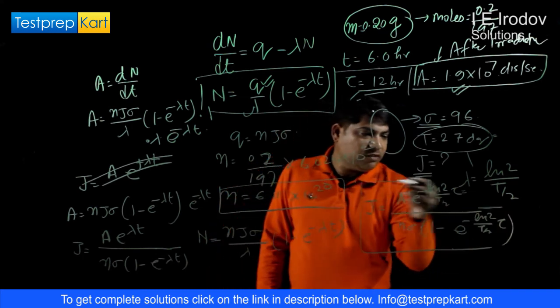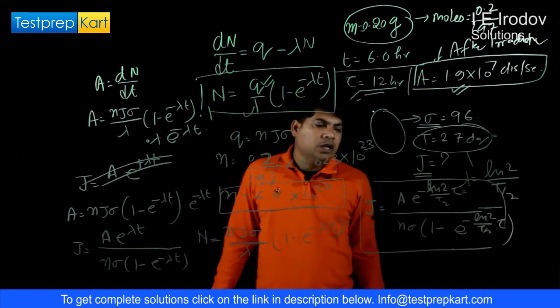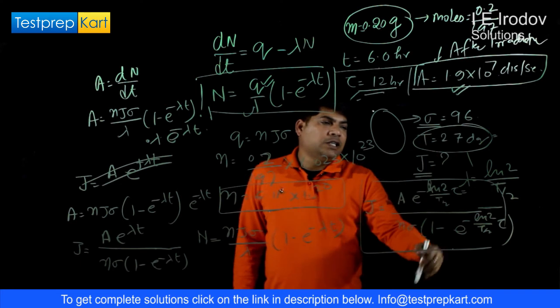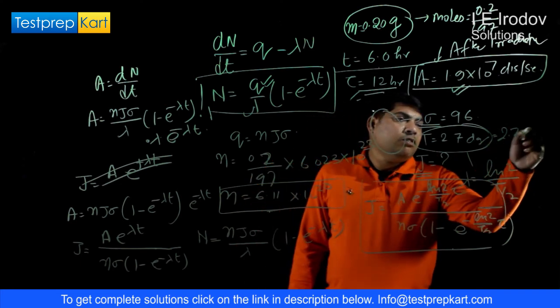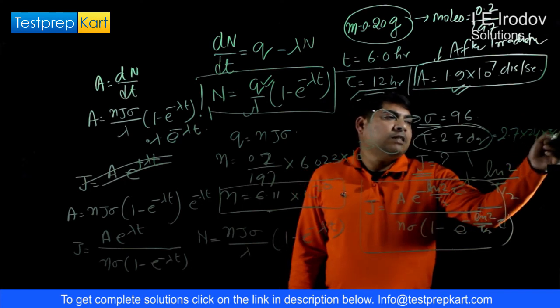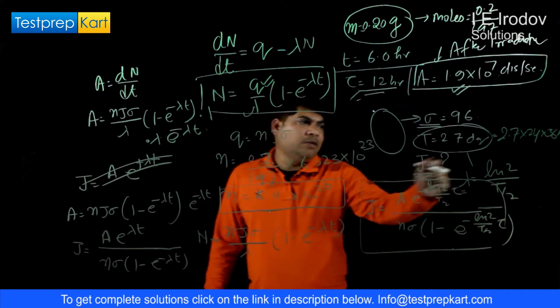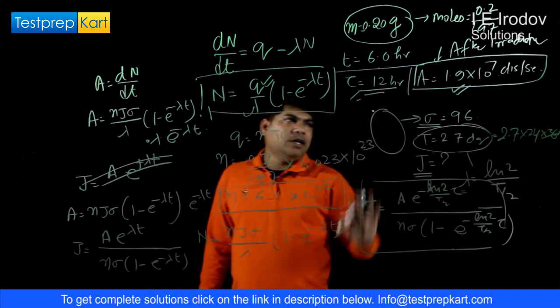Now all these values are known. A is 1.9 × 10^7, and t half is 2.7 days, that is 2.7 × 24 in hours, times 3600 if we want seconds, although all the units are given in hours.